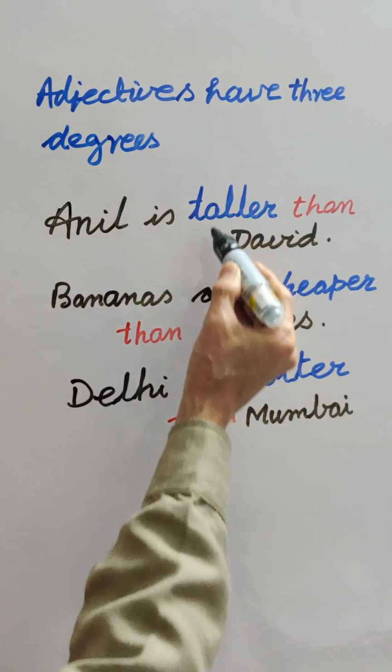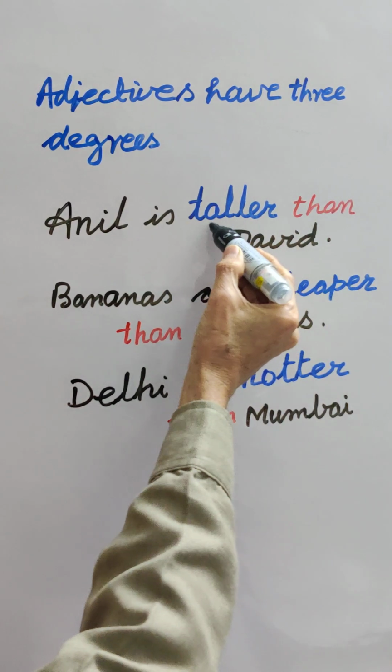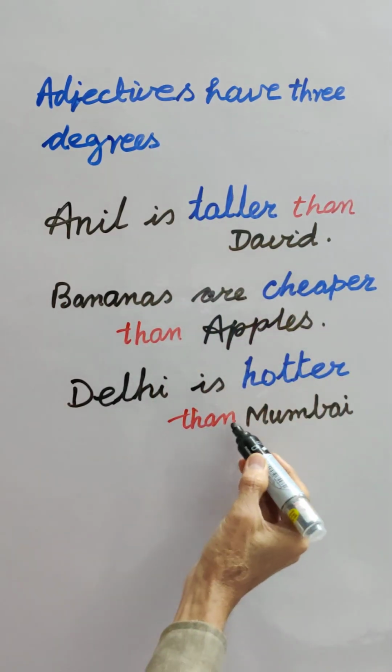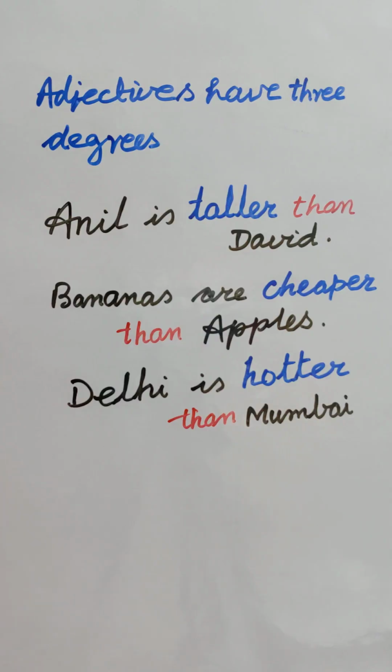As you can see here, before than there is a comparative degree. So it is the identification for the comparative degree that than is written after the blank. So straightforward you can fill the comparative degree before than, like taller, cheaper, hotter, and so on.